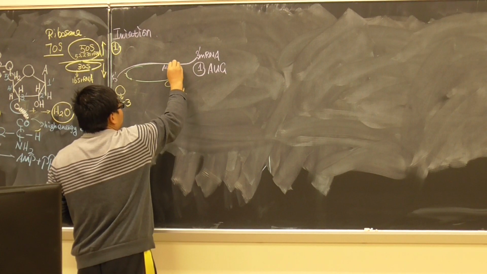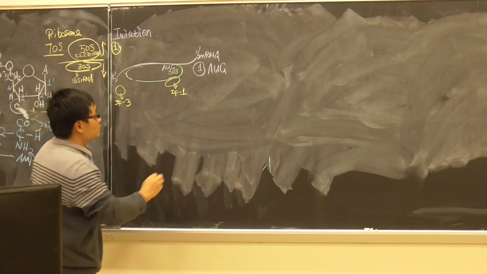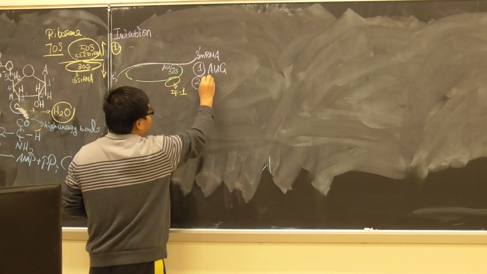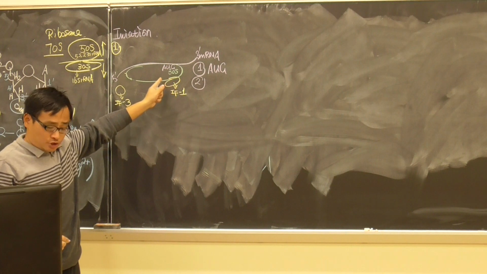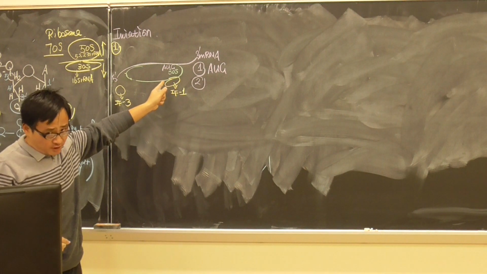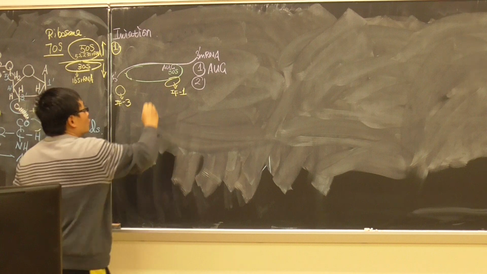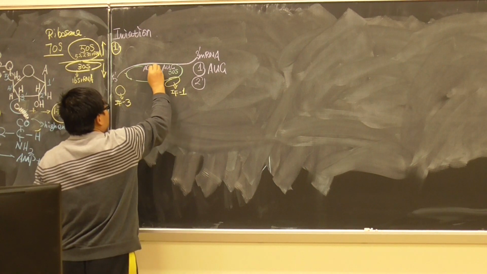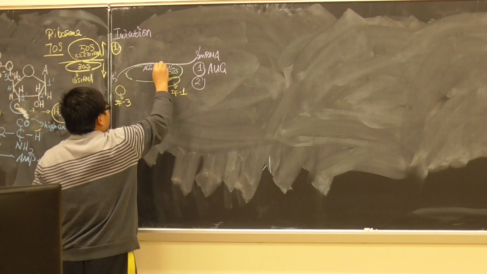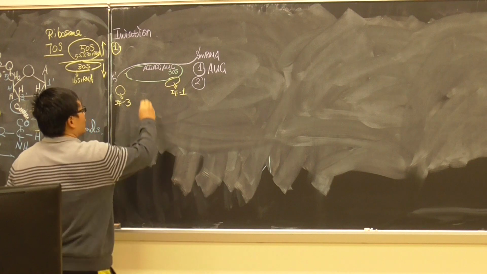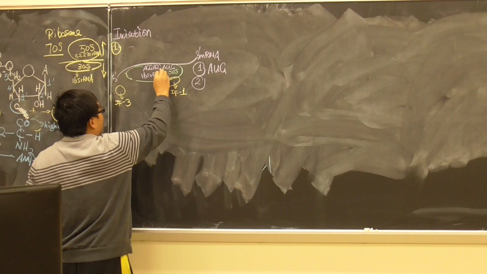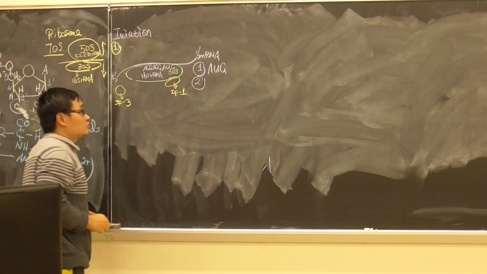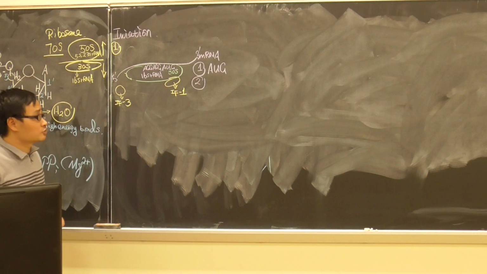This is what everybody knows. The second thing, do not forget. Upstream of the AUG, they need to have a very special sequence, which is AGG. This will be recognized by the 16S rRNA inside the 30S subunit.